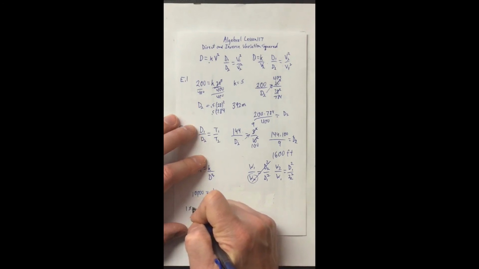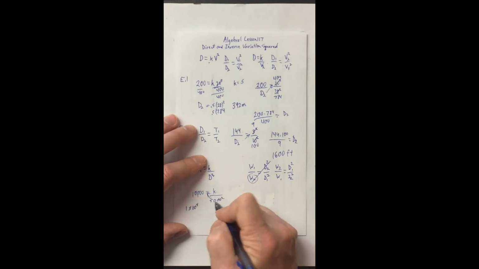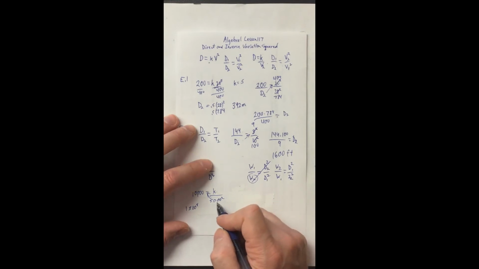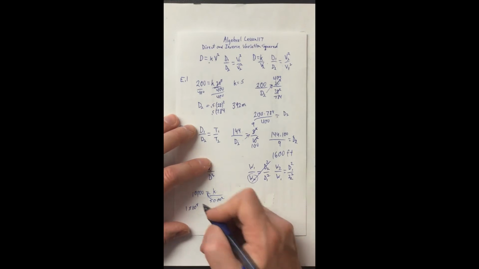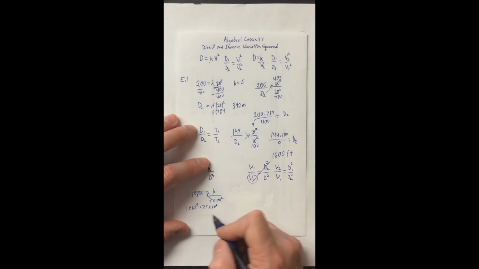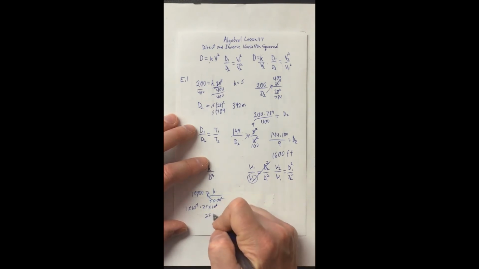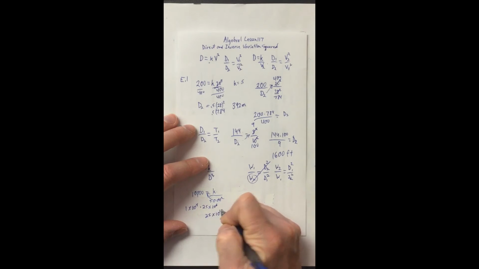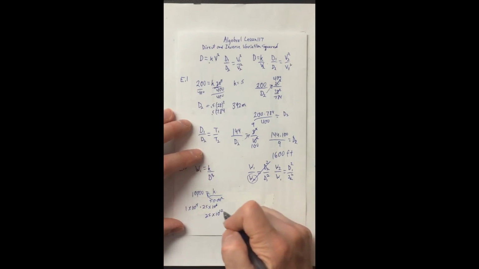We've got 1 times 10 to the 4th there. This one here is going to be 5 times 5, right? 25, and then 6 zeros. So 25 times 10 to the 6th, right? And if we combine those, it looks like we get 25 times 10 to the 10th. Okay, for our constant.